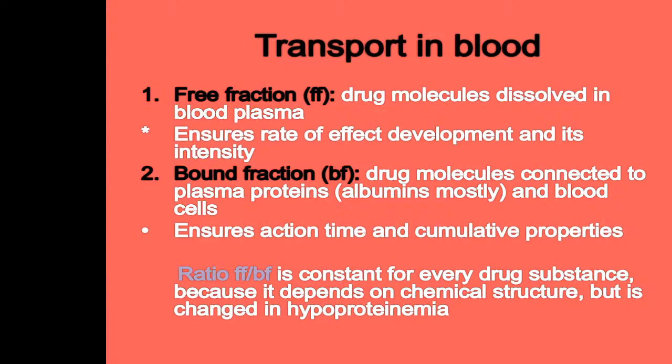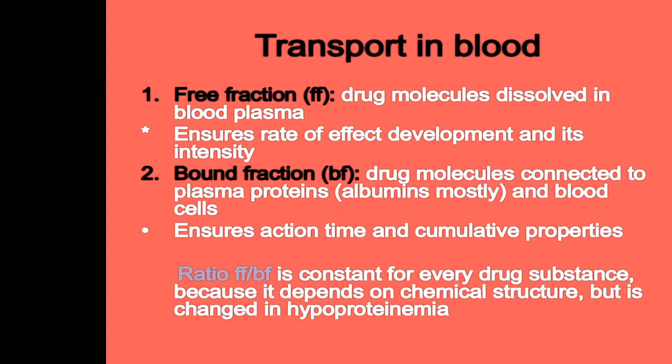This ratio, free fraction to bound fraction, is constant for every drug substance because it depends on chemical structure. But it also depends on amount of proteins. That is why this ratio can be changed in hypoproteinemia.